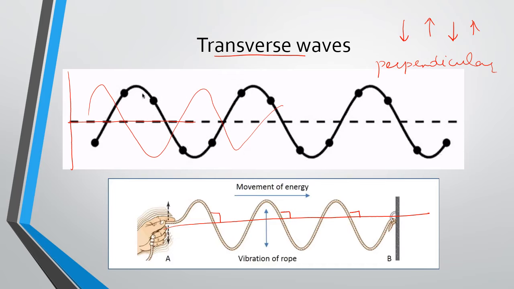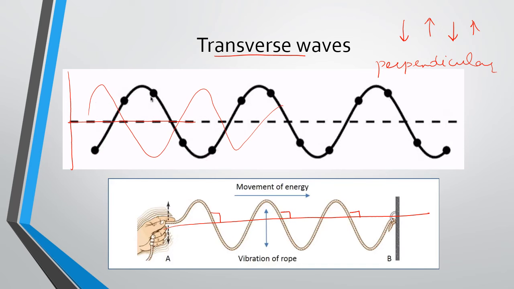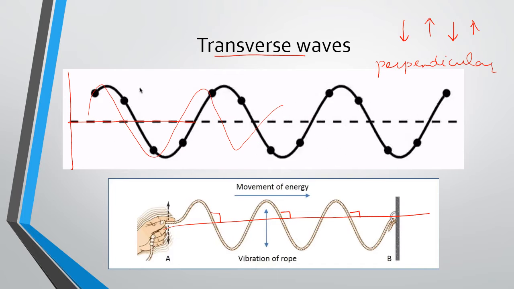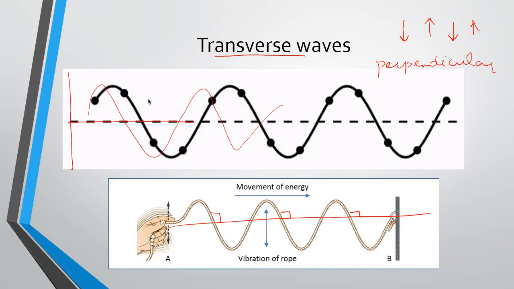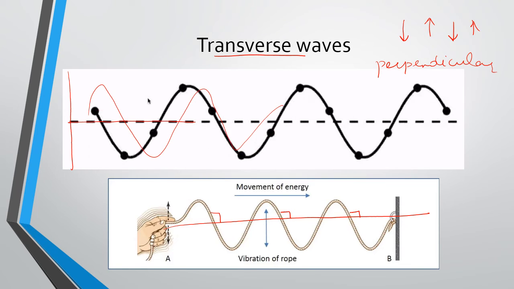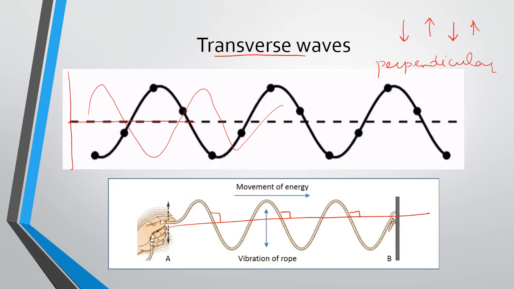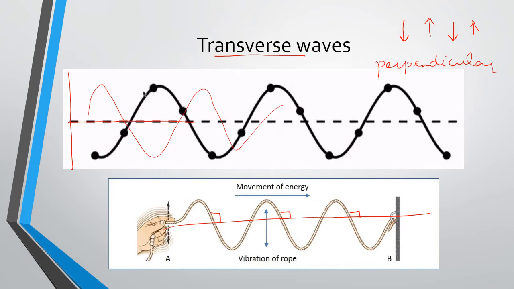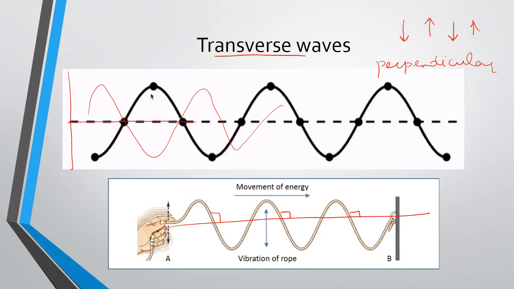When the oscillations are perpendicular to the direction of the propagation of the wave, such waves are called transverse waves. The oscillation is up and down, whereas in longitudinal waves the oscillation was about its mean position, to and fro, coming back and forth to the same position like a swing.